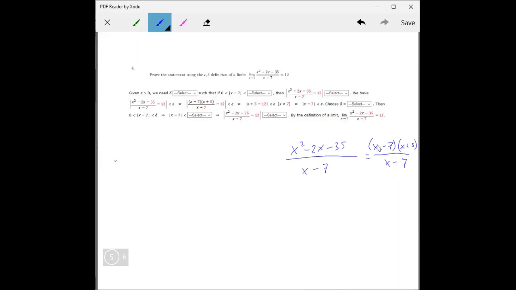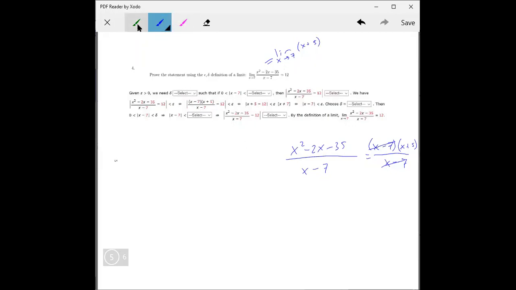And then when x is not equal to 7, these cancel off. So this is kind of like just having an x plus 5. So this is going to be the same as the limit as x goes to 7 of x plus 5. But that's not how you prove it.